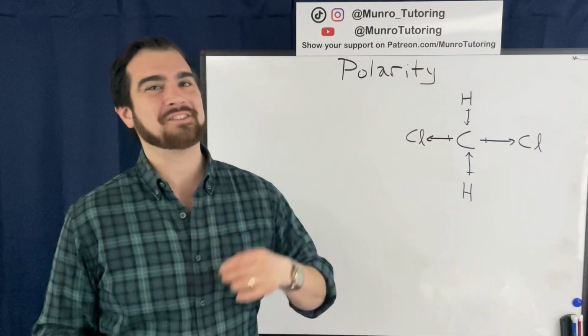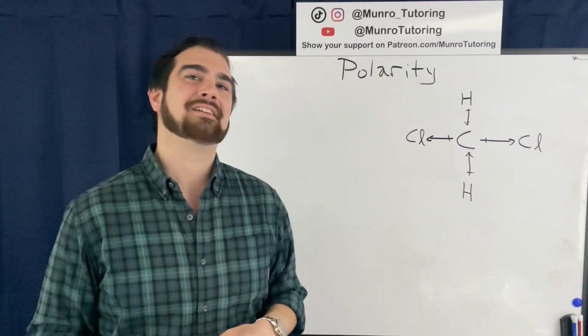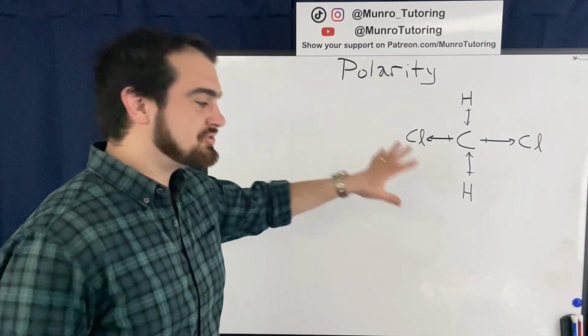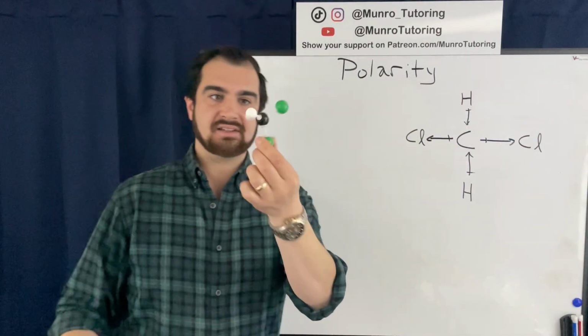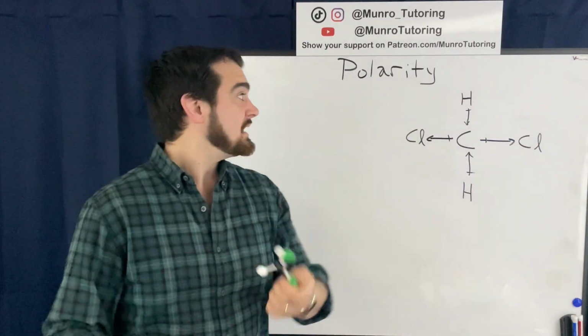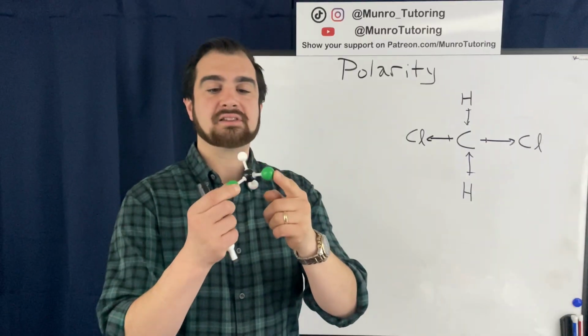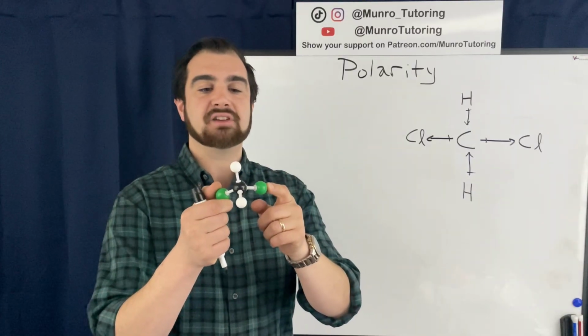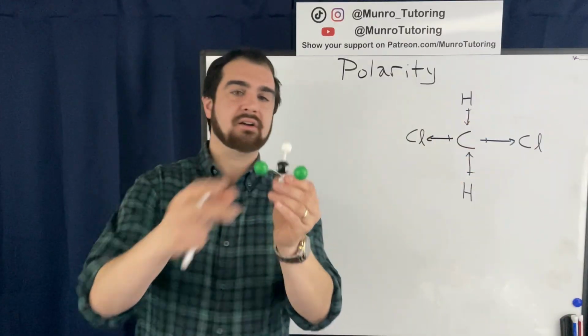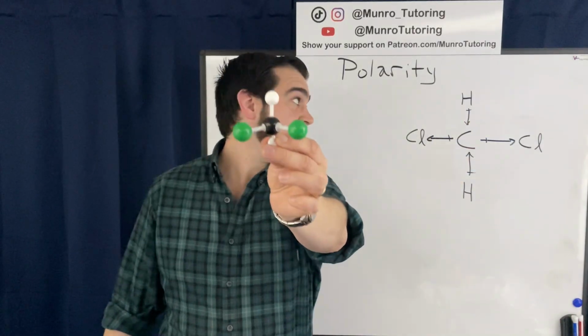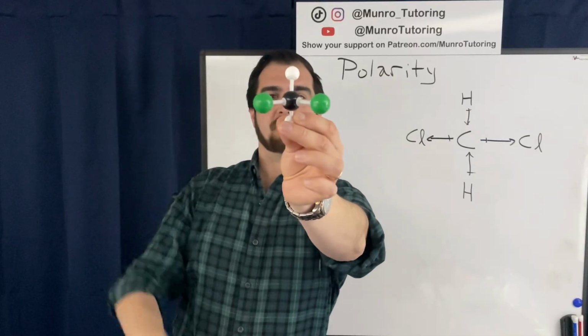But our molecular geometry is key here. So if we take a look at what this molecule truly looks like in reality, a tetrahedron, this is the shape of a tetrahedral molecule. And so if the green ones are the chlorines and the white ones are the hydrogens, I can make it look like this on paper, where the chlorines are in our horizontal plane and the hydrogens are in the vertical plane.